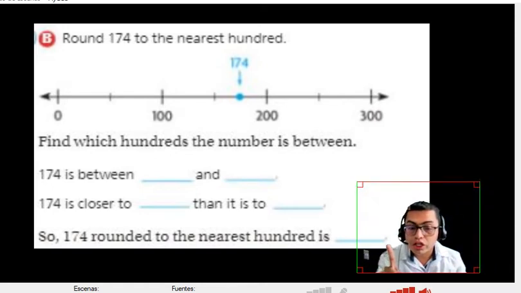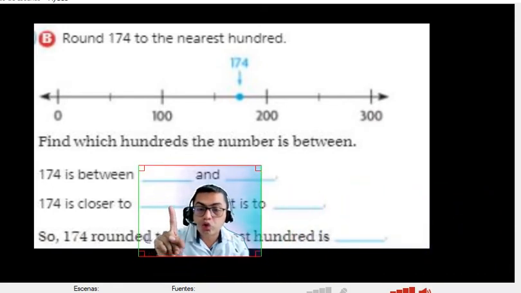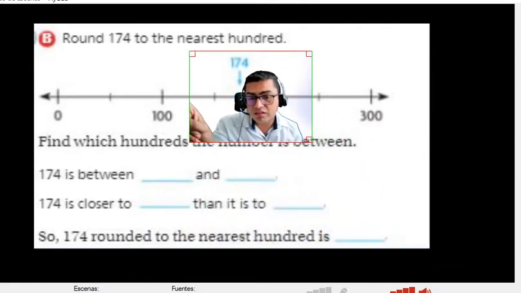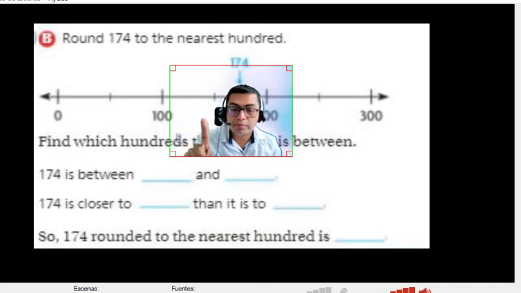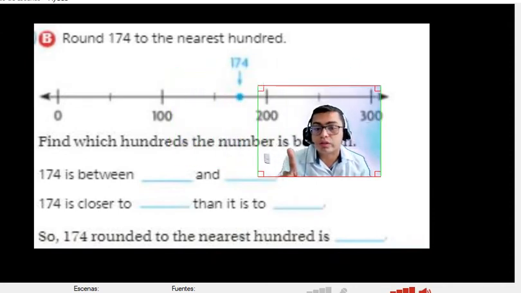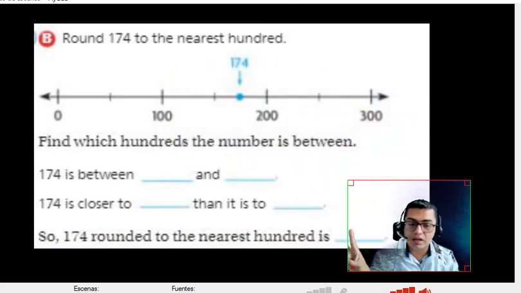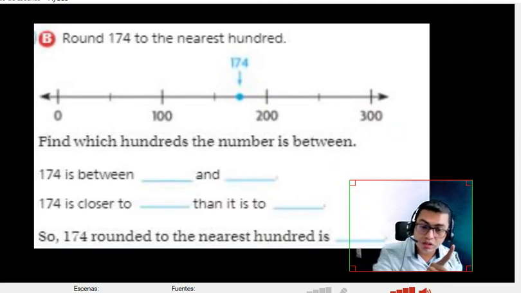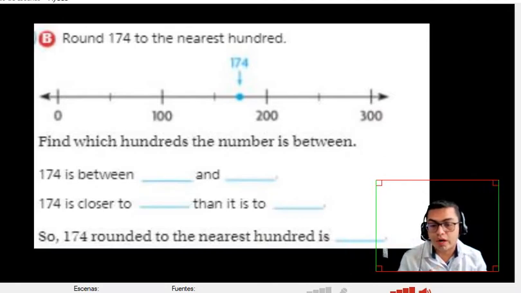So, it's closer to 200 than it is to 100. Está también cerca al 100, pero no tanto como al 200.